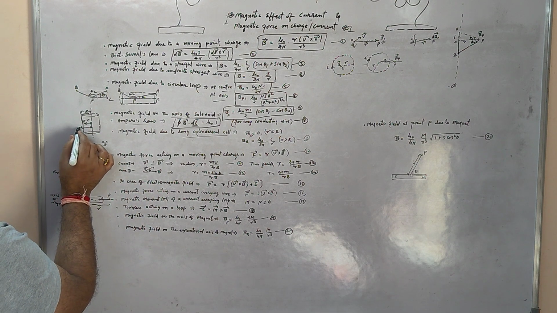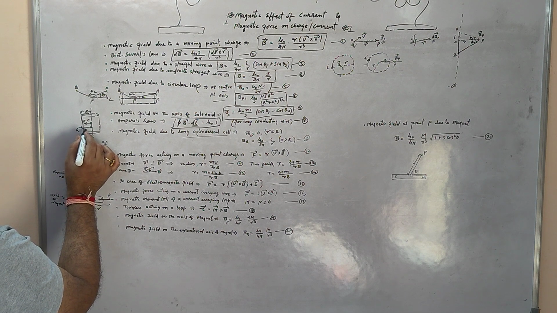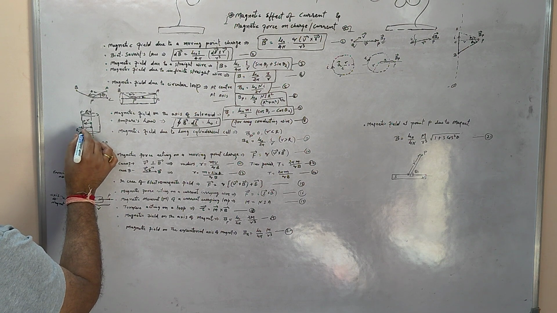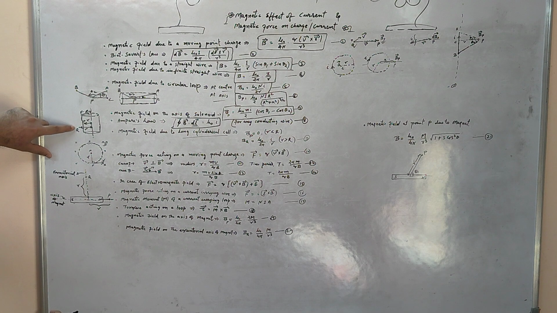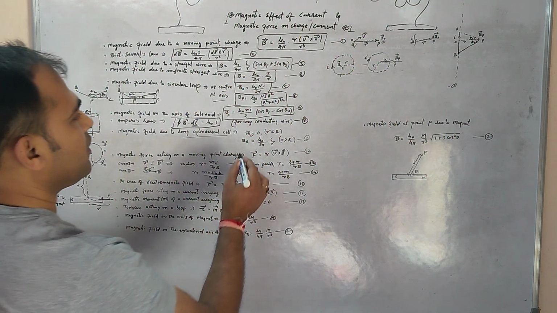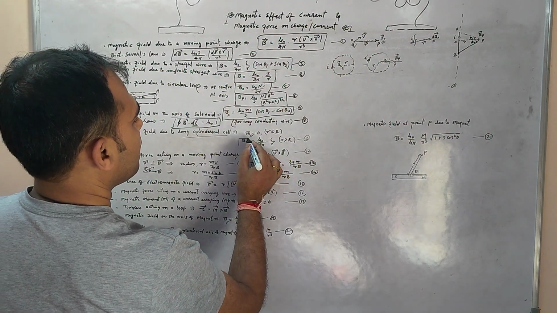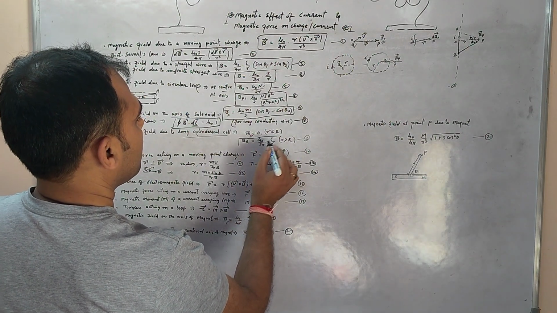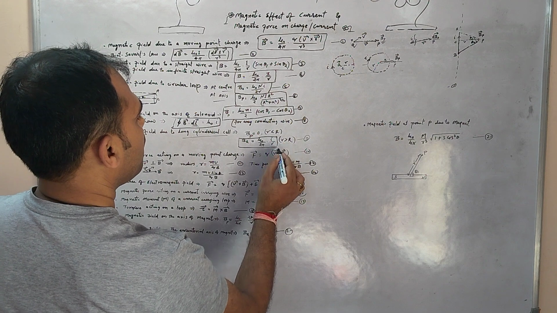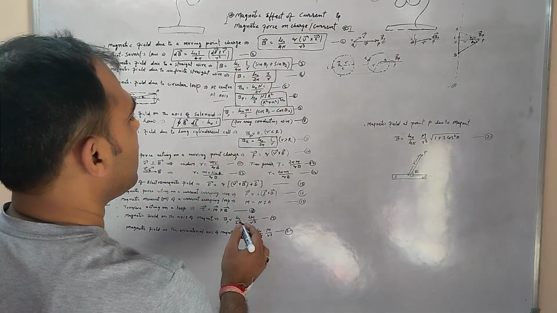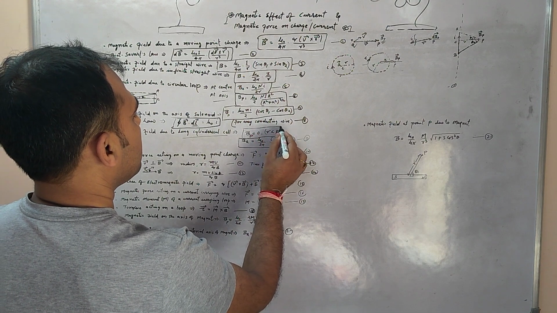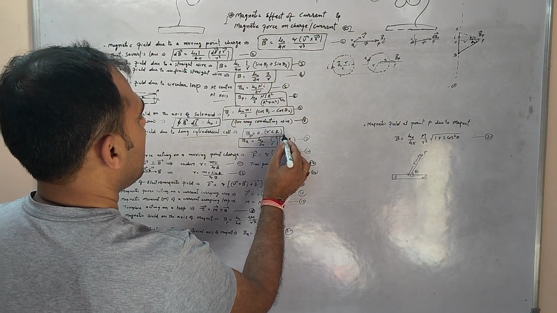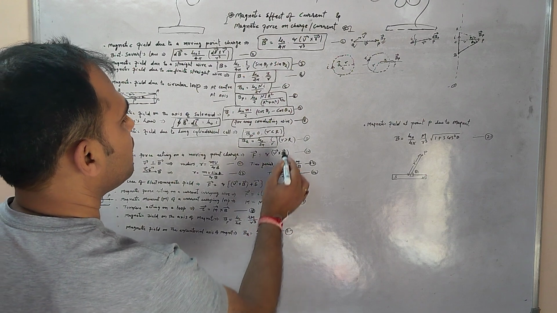But if we take any point Q outside this cylindrical cell, then B will become mu naught upon 2 pi I by r, and if r is less than R, then it will be 0.